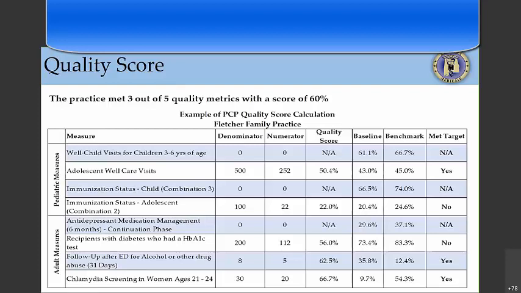Immunization status, adolescent combination 2: the denominator shows 100, the numerator shows 22, the quality score is 20%, and the benchmark is 24.6%, and the target was not met.